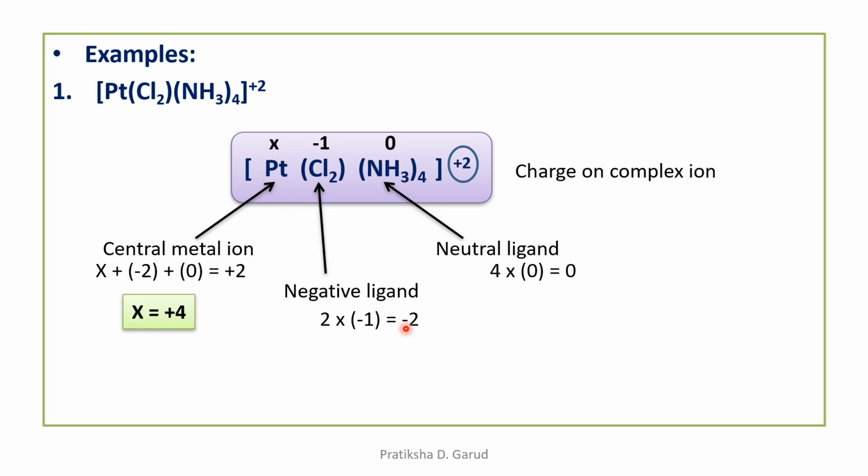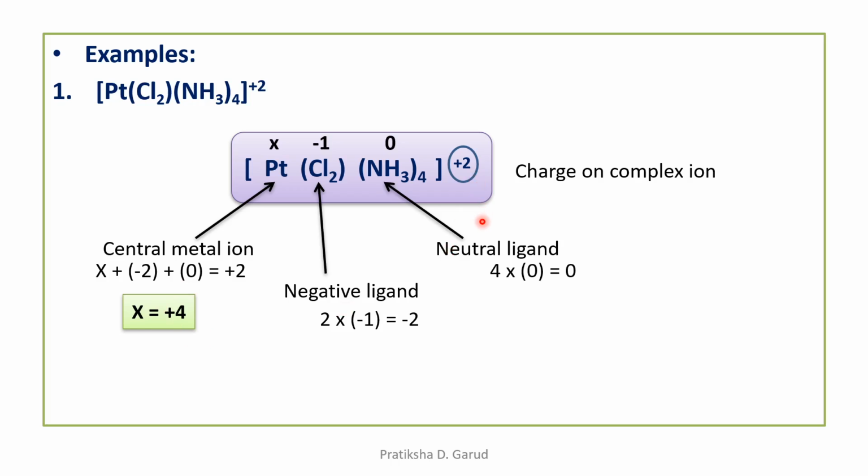So we have to write the name of this complex ion. How to write the name of the complex ion? First of all we write the name of the chlorine, that is, there are 2 chlorine, therefore it becomes dichloro. Then ammine, there are 4 ammine, therefore it is tetraammine. Then the name of the central metal, that is platinum, and then it is having the oxidation state +4, and as it is having a +2 charge, it is an ion.